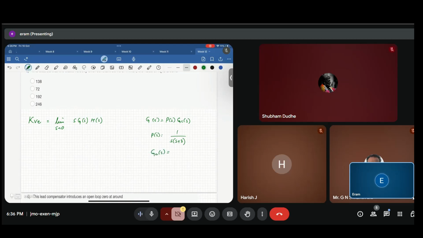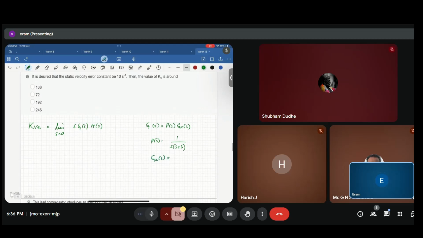The lead compensator transfer function. It is Kc into (s plus 1 by T) divided by (s plus 1 by alpha T). Right? And H(s), we are given that we have a negative unity feedback, so H(s) is equal to 1. So you have all the transfer functions with you. Calculate the value of Kv as s tends to 0.